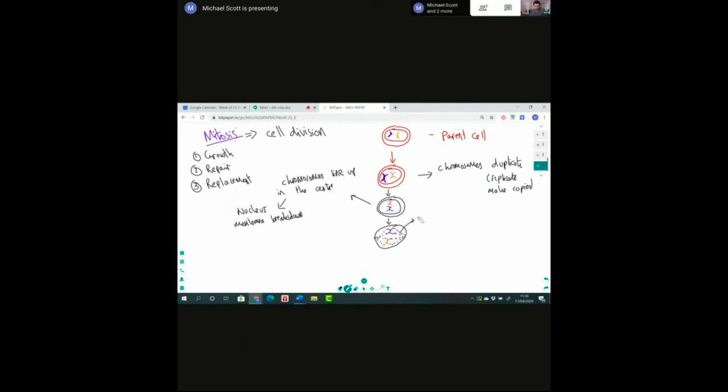I've sneaked a bit of A-level biology in for you there. So it's actually something called a spindle fiber. But what these spindle fibers do is that they pull the chromosomes to opposite ends of the cell.